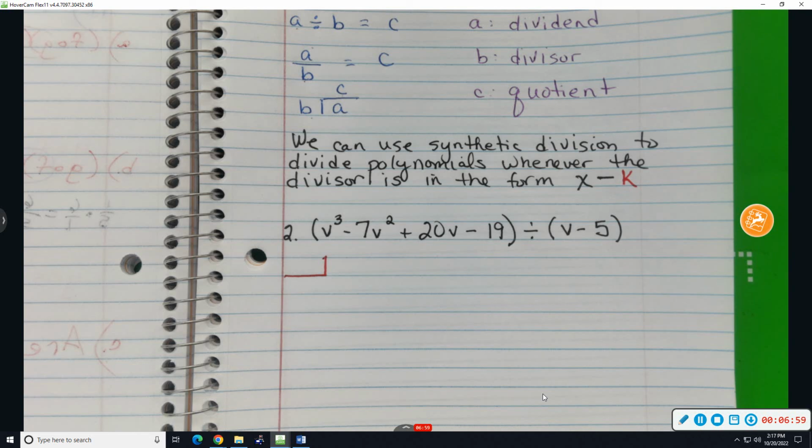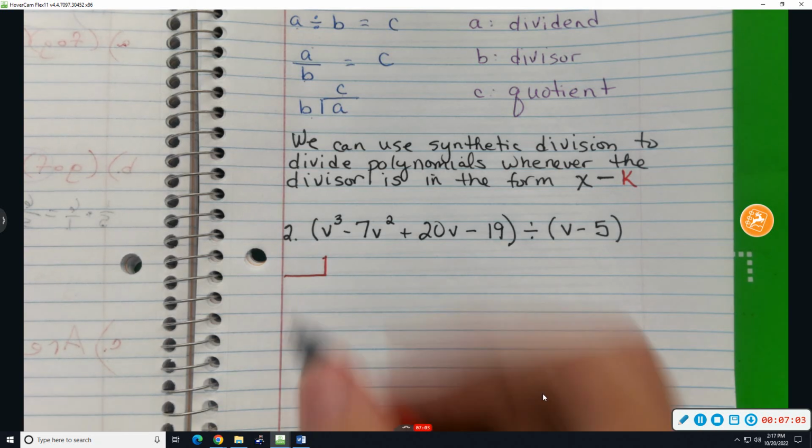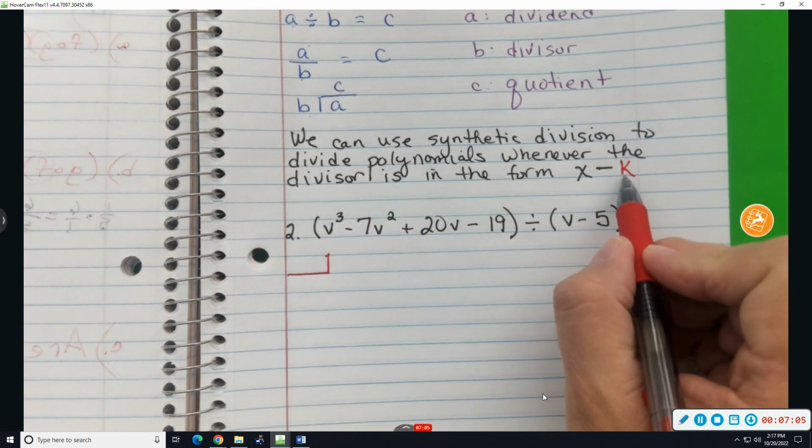This is an L reflected about the vertical axis. And inside that L, I'm going to write out the number K.